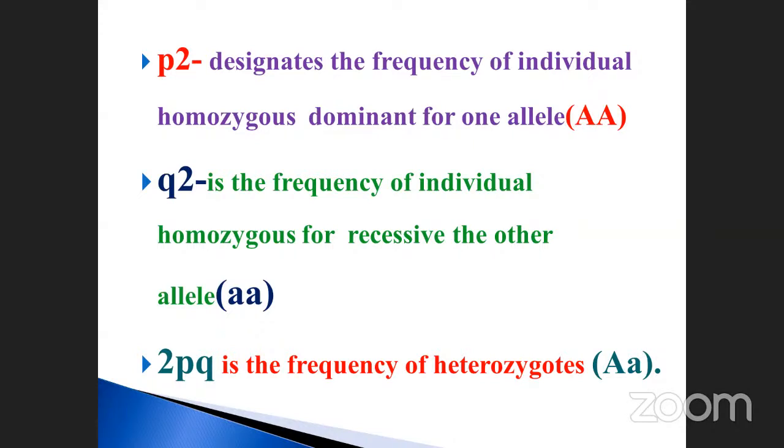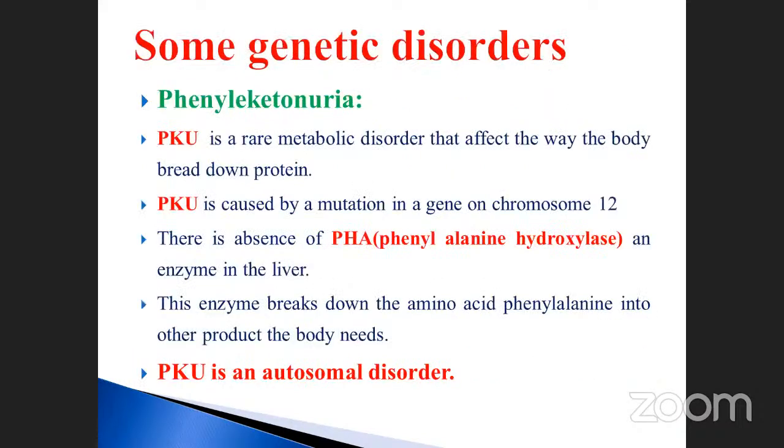Q squared is nothing but the recessive allele, a and a. This is one Q and another a is another Q, so that's why it's Q squared. What is the meaning of 2PQ? You have to put 2 here, 2 times P and Q. How it will be calculated, you will see at last, I will show you.